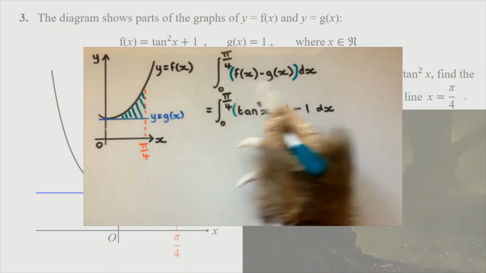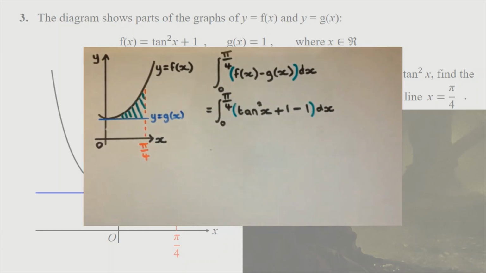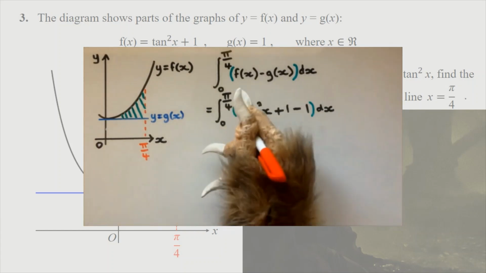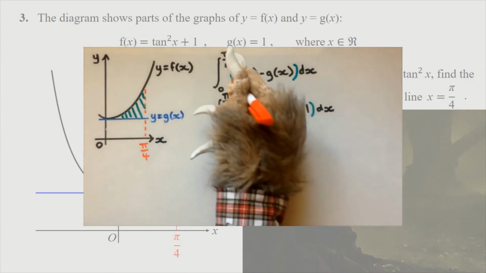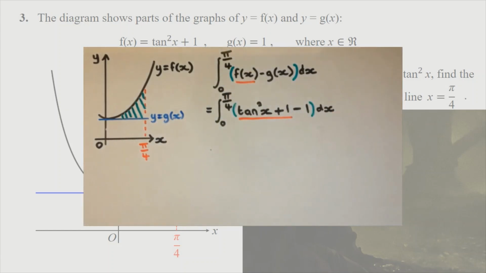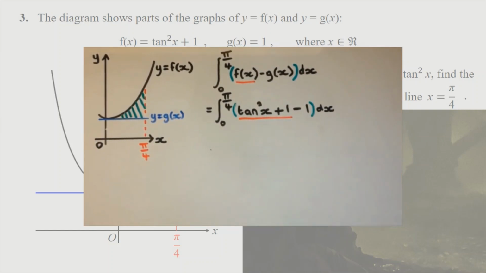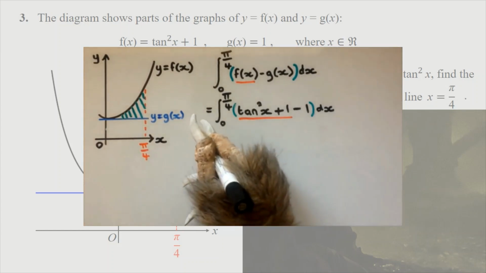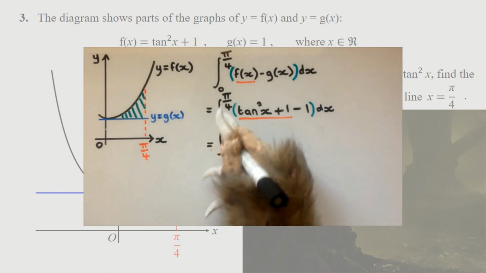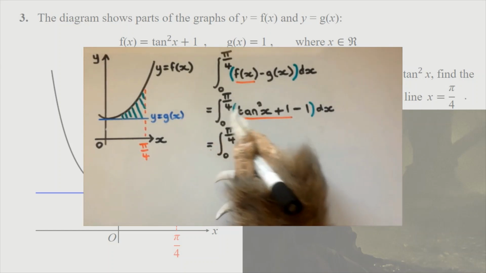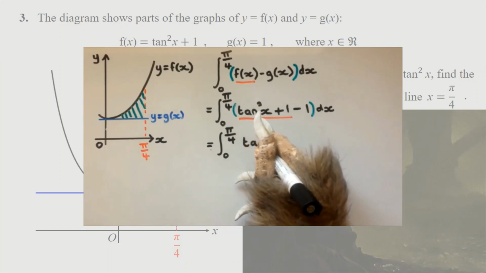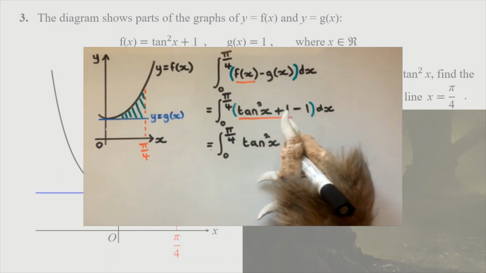So this is my integrand, and the tan squared x plus 1 represents f, and the 1 represents g. Notice that the plus 1 and the negative 1 will cancel. So this is going to leave me with a more straightforward integral, but there's more work to do. So this is the integral from 0 to pi/4 of tan squared x dx.